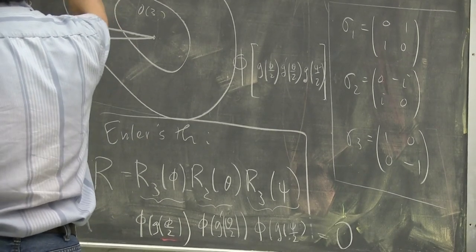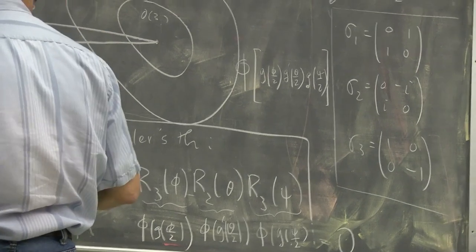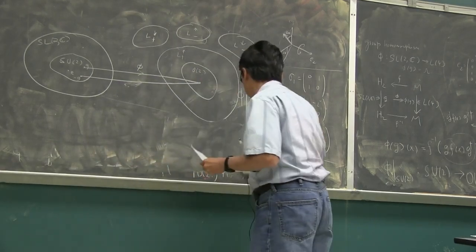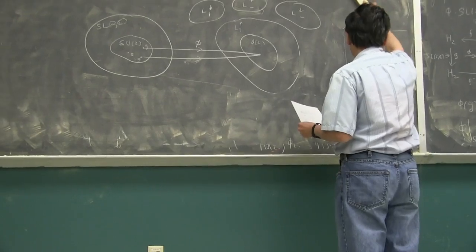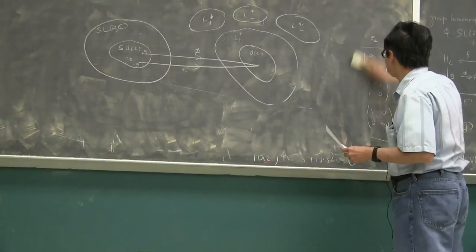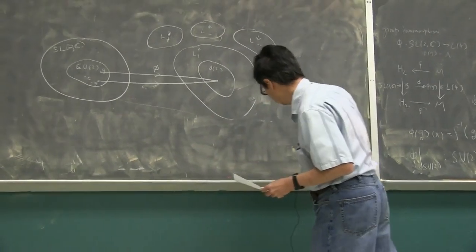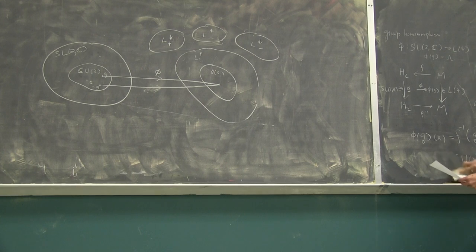Keep this general picture in mind. I'll leave this homomorphism formula in here. I'll keep this diagram in here.